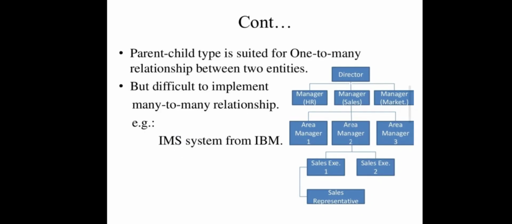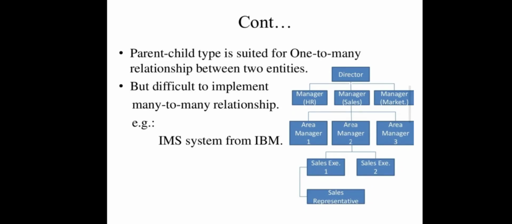Parent-child type is suited for a one-to-many relationship between two entities. For example, the director has the HR manager, sales manager, and marketing manager. Further, under the sales manager, there are area manager 1, area manager 2, area manager 3.